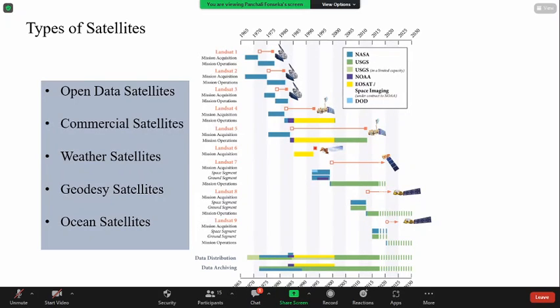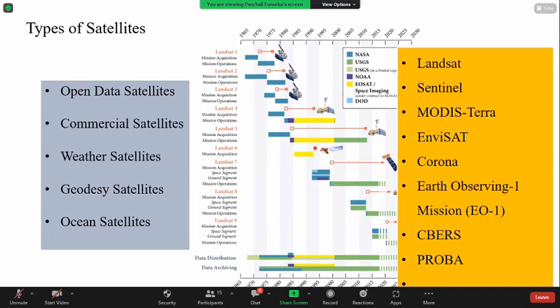My first category is open satellites. Under open satellites, we have Landsat, Sentinel, MODIS, and so on. Landsat is the longest running observation program, with over 15 years of continuing remote sensing observation of our planet.